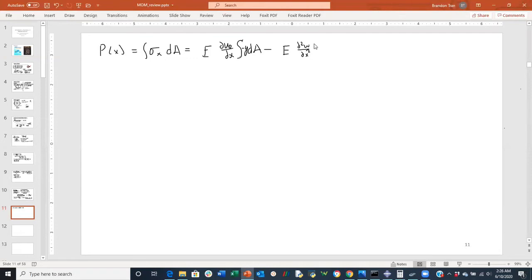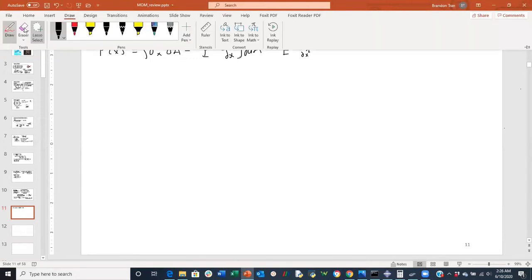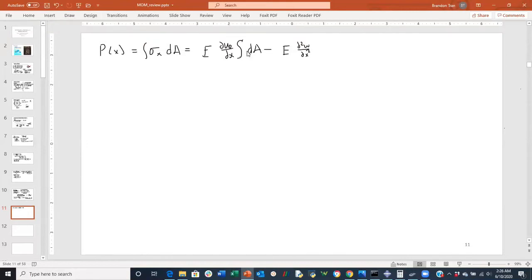Oops, I actually made a mistake. This doesn't come in yet. So the first part would be Young's modulus times the normal displacement with respect to x, times the integral of the area, minus the integral with respect to the area of d squared v dx squared.